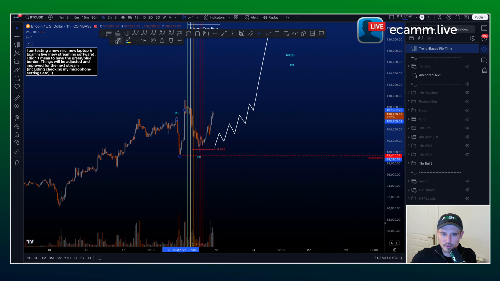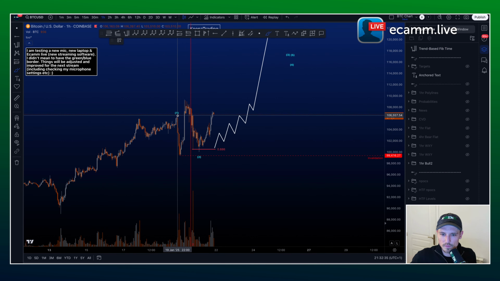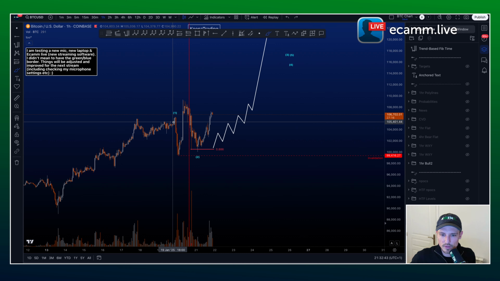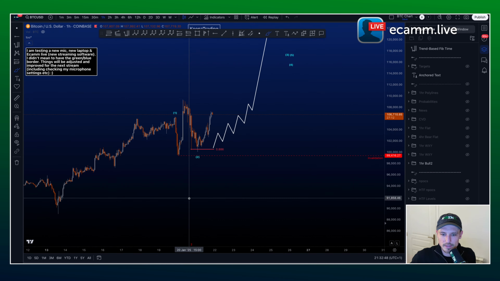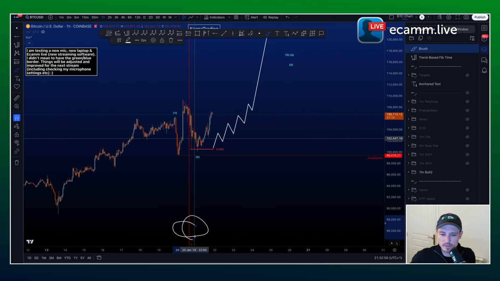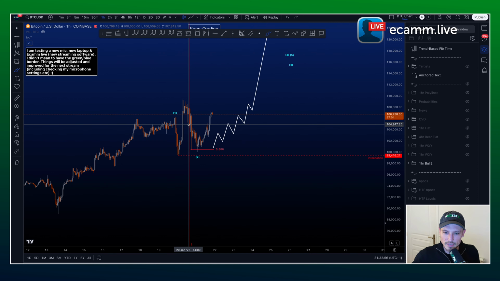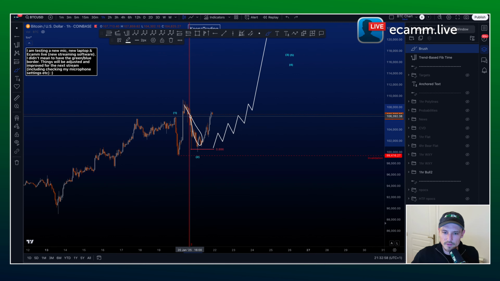So you take a fib time from the start of A to the end of B, and then you compare C in time with A plus B. Preferably your C is ending off or before the 2 fib time, which it didn't. So wave C is incredibly long, which lowers the probabilities for this to be a wave C.